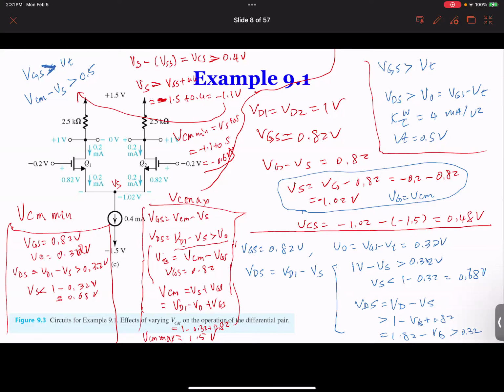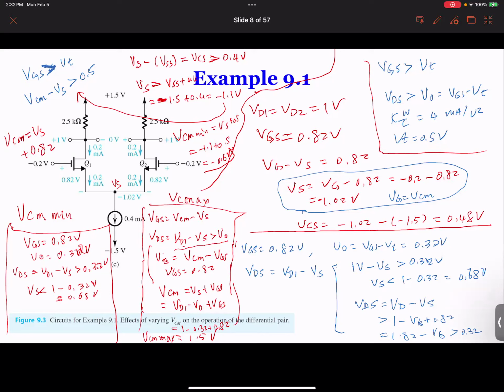VGS is 0.82, and VG minus VS is 0.82. Now we need to find out what VCM is. So VCM equals VS plus 0.82, right?